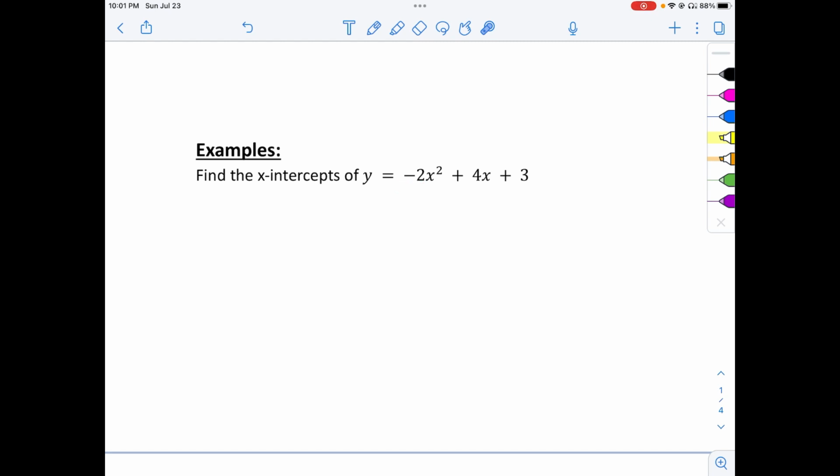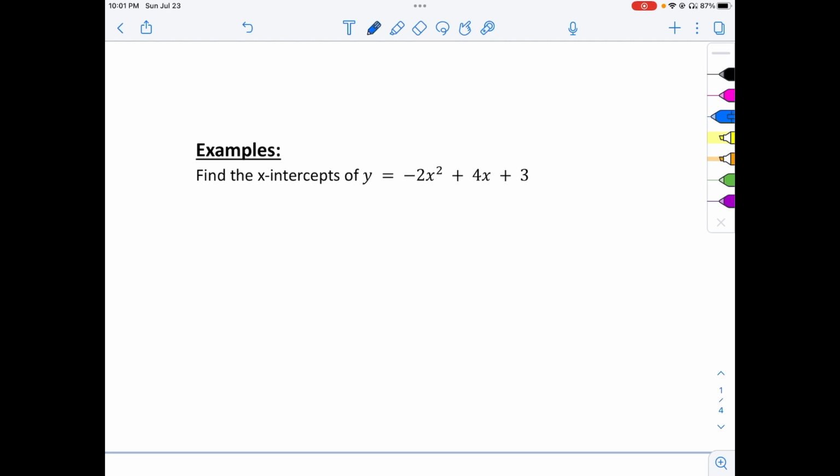So we first would check, can I nicely divide all three terms by -2? The first term, obviously, yes, you can. 4 divides nicely by -2. 3, although it gives you a good decimal number, it's not a whole number, so we cannot divide all three terms by -2, which tells us we can't factor any further than this. We can't factor at all, so we are going to use the quadratic formula.